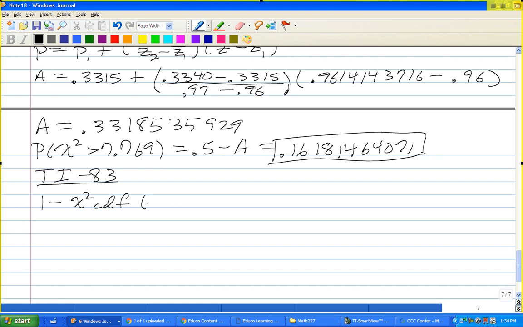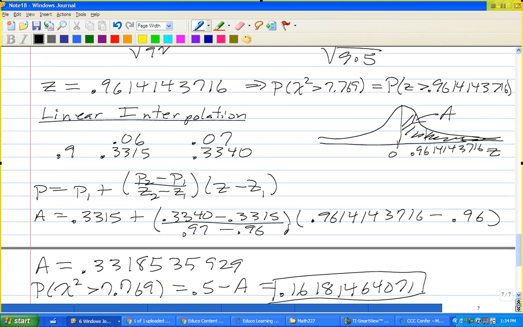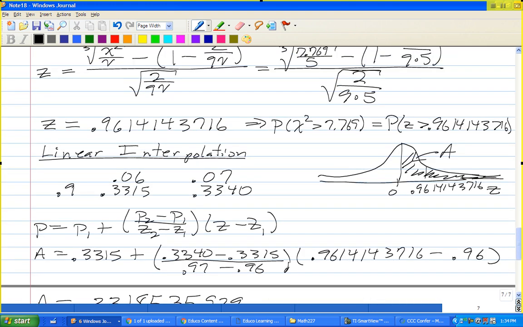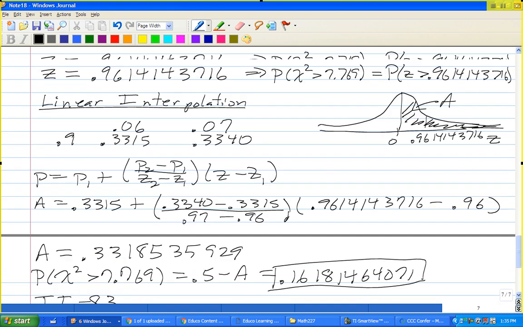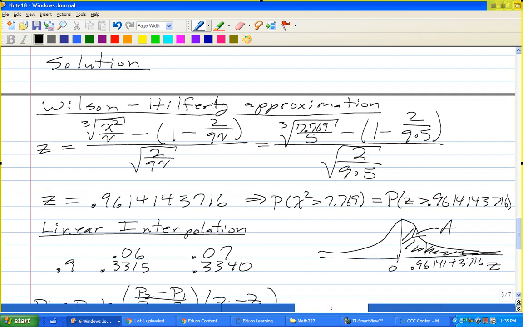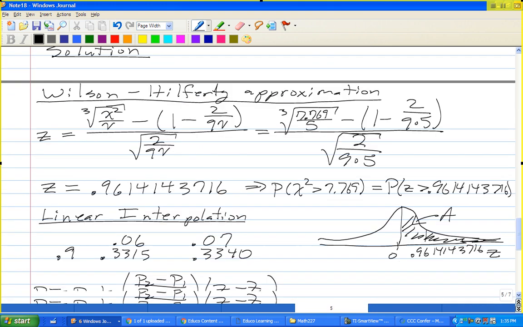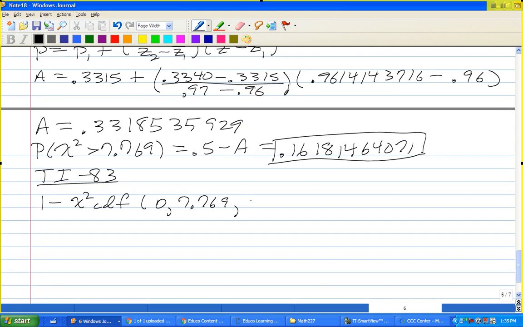And we start at 0, and we go to 7.769, and my degrees of freedom are 5. So let's do that on my calculator.